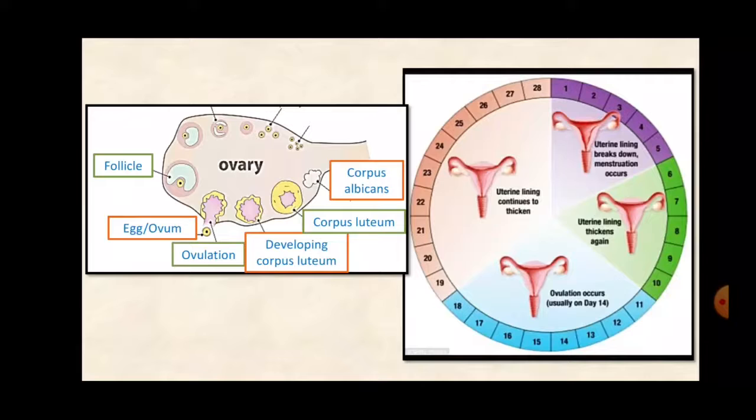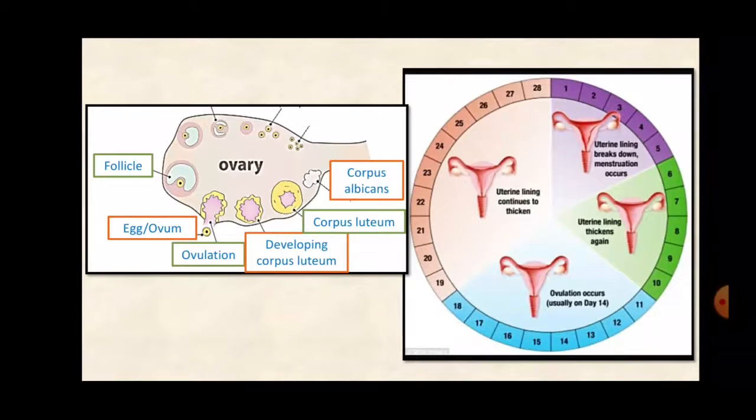Then in the next 8 days, from 11th to 18th day, ovulation occurs, which is usually on day 14 of the cycle. So on this 14th day, if the sperms are ejaculated in the vagina of the female, they travel towards the uterus and the egg is ready. If they fertilize the egg, the further development and formation process of the zygote and embryo will take place.